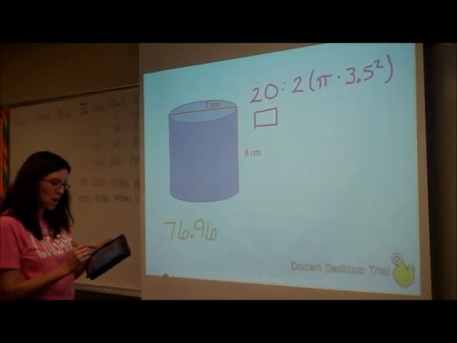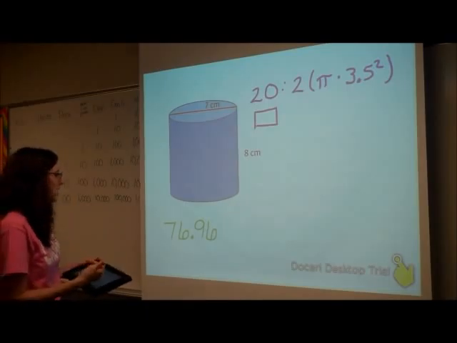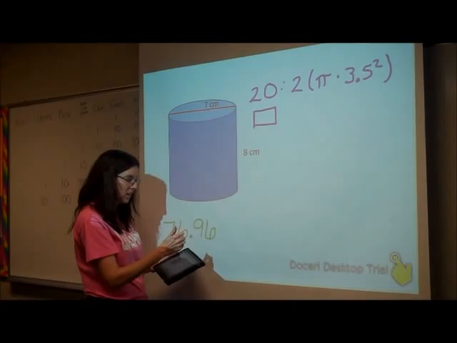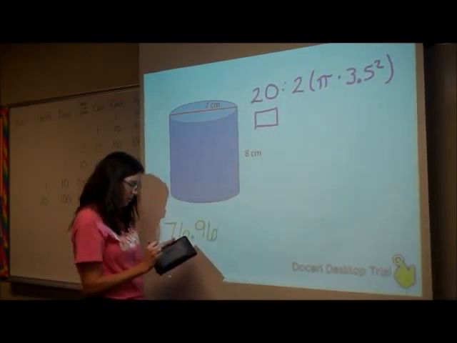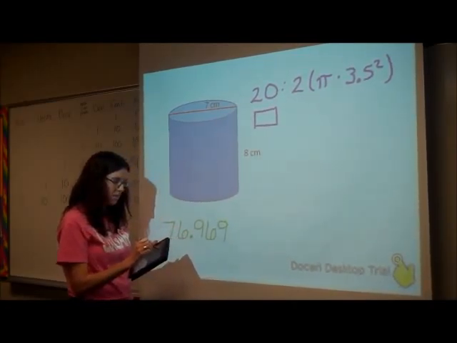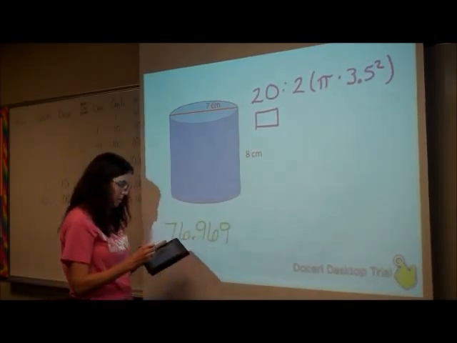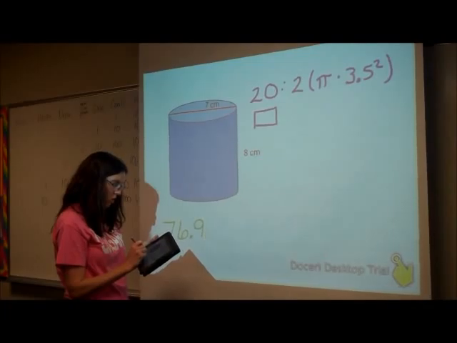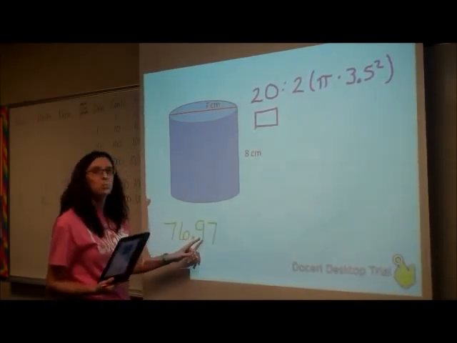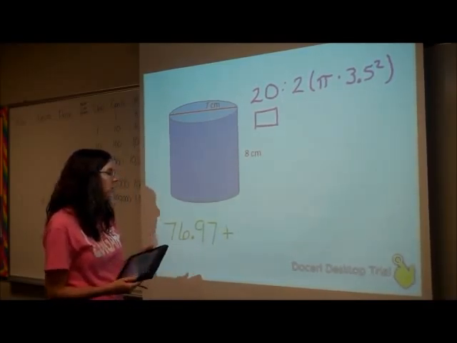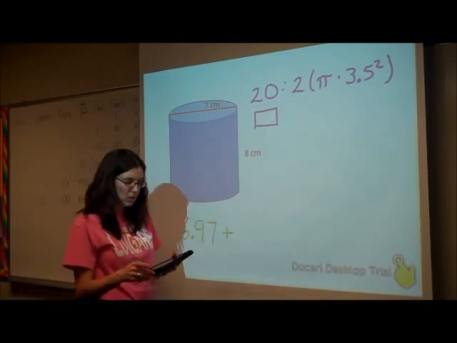If I want to use the nearest tenth in my answer, I'm going to wait until the end to get to the tenth. But since it's 969, and if I want just this number, I've got to bump it up to a 7. So let me change that to 76.97.